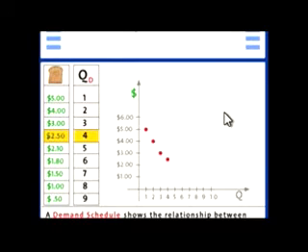We get 5 loaves when the price is $2.10 per loaf. So that's that point. We get 6 loaves if the price is $1.80 per loaf. So put that point in right here. And we get 7 loaves if the price is $1.50 per loaf. So that's going to be this point here.